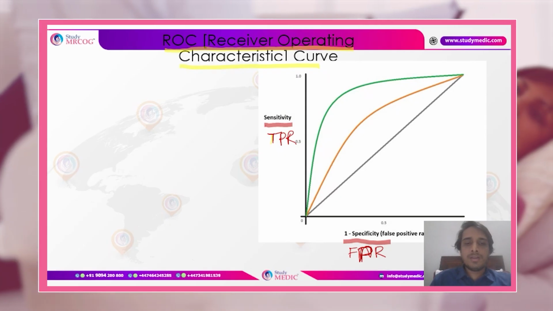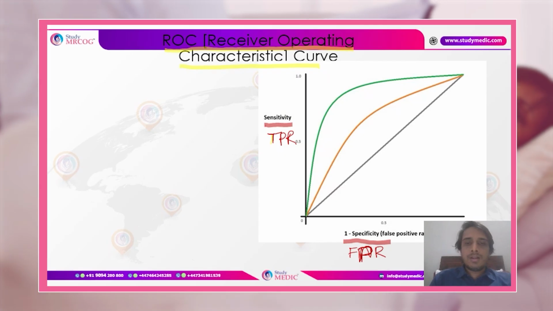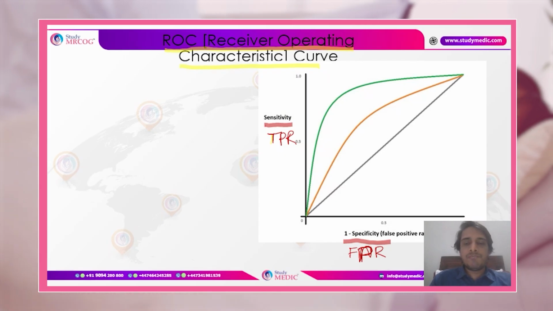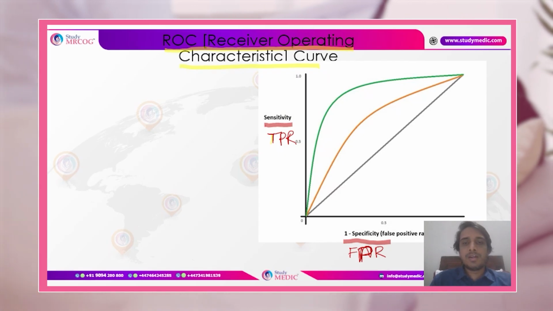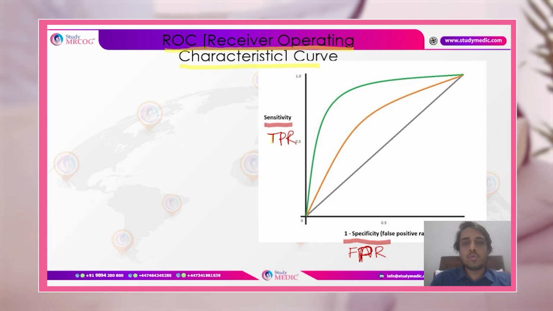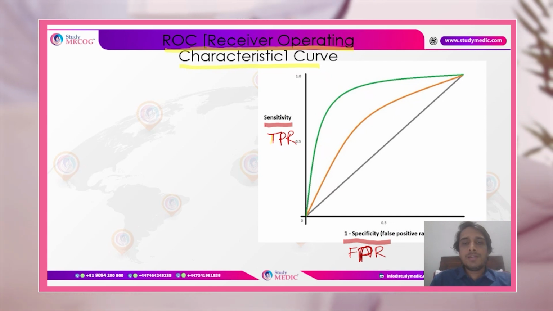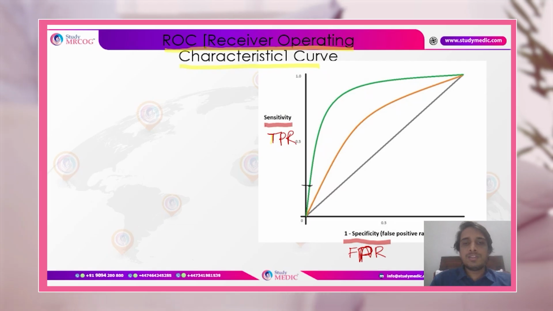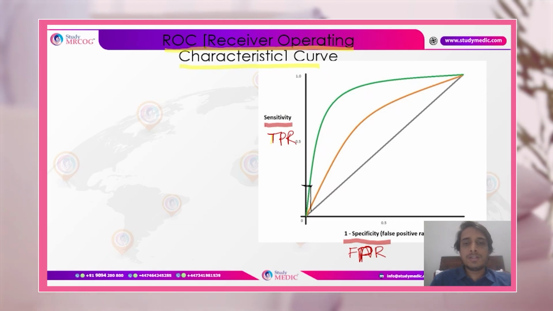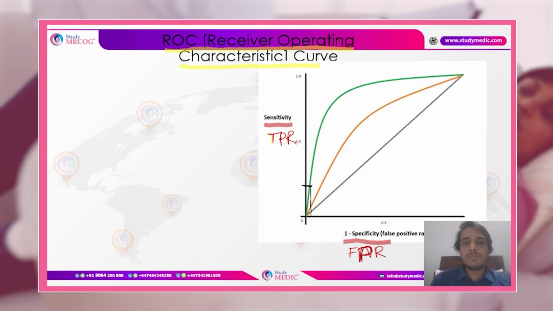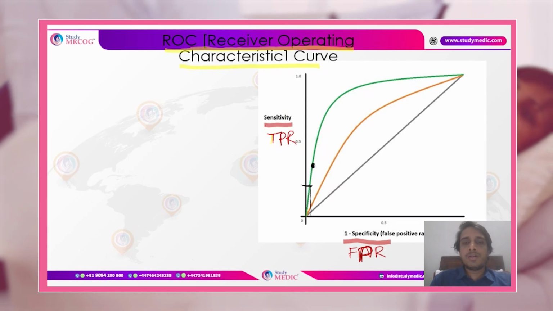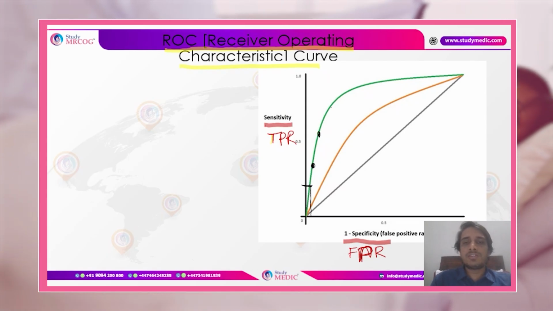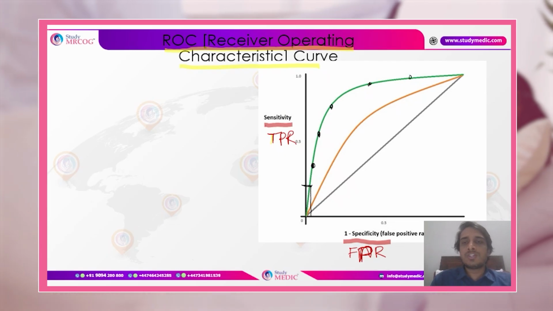How does it plot? It plots at a particular cutoff value of a continuous test, for example a tumor marker, beta HCG, or a new tumor marker. At this particular cutoff value, these are the true positive and false positive rates of a particular test.